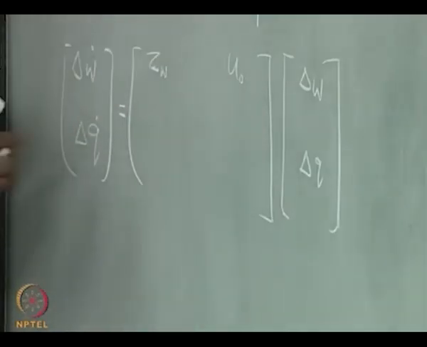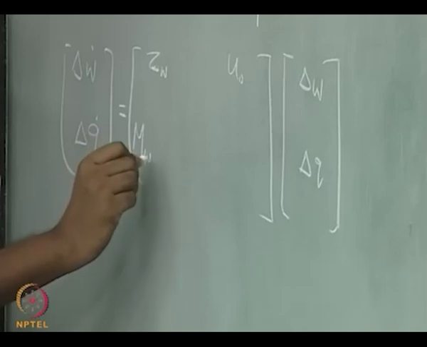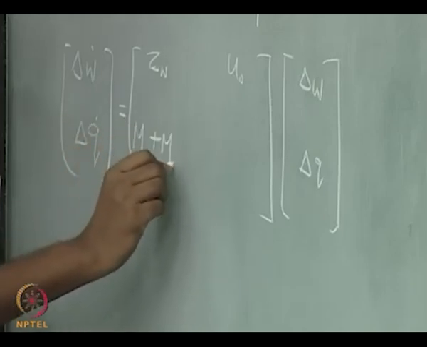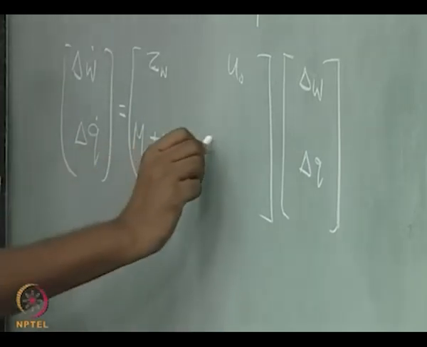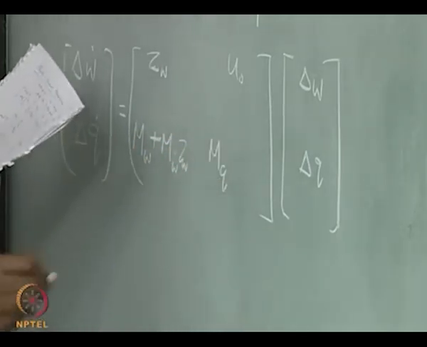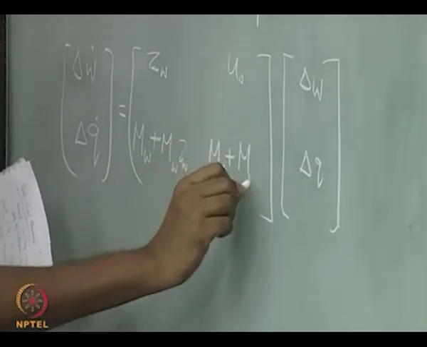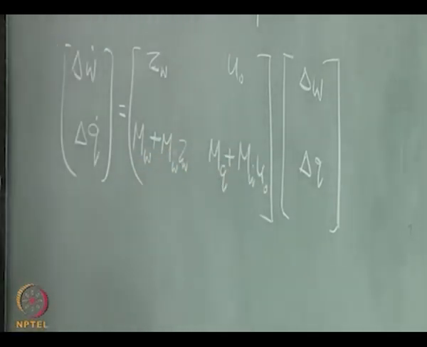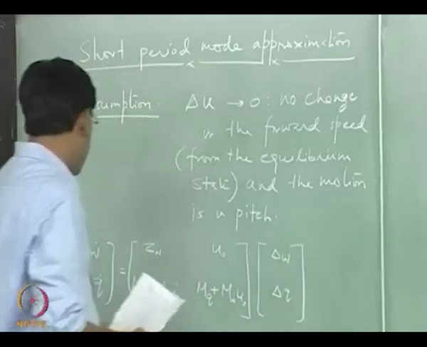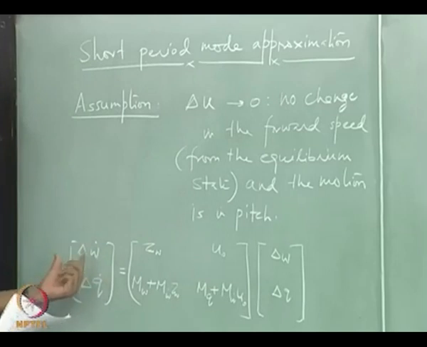Z_w, u naught, M_w plus. Right. We can also write these equations in terms of delta alpha, right.